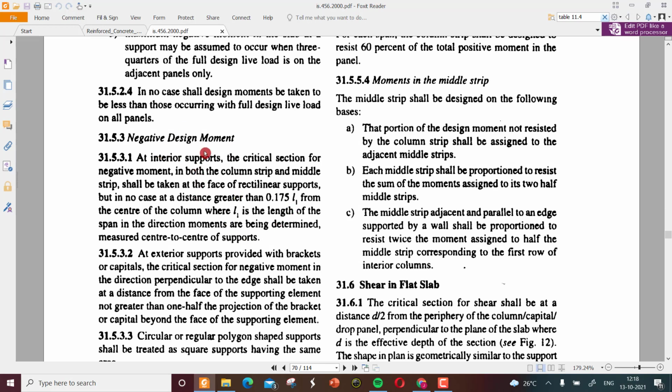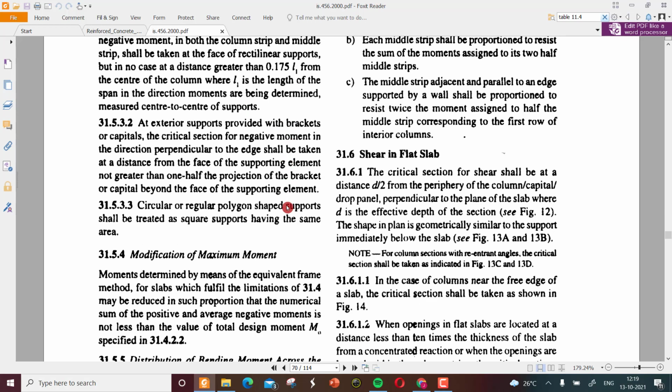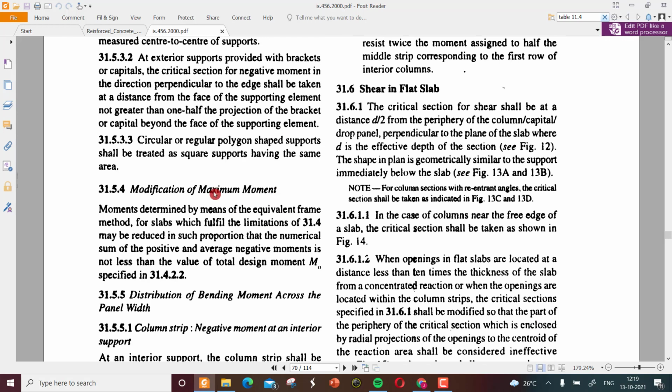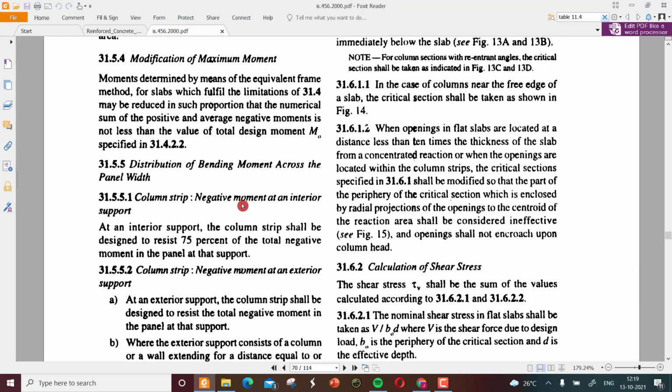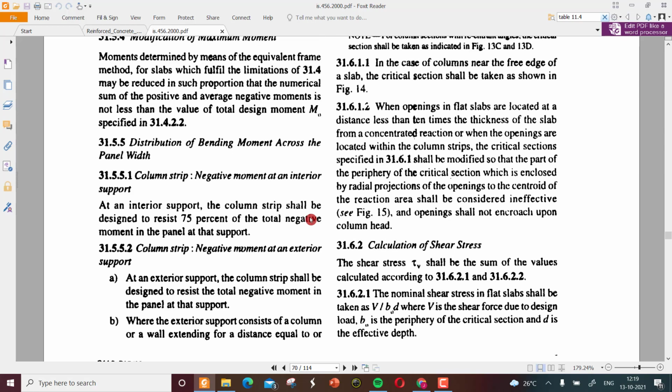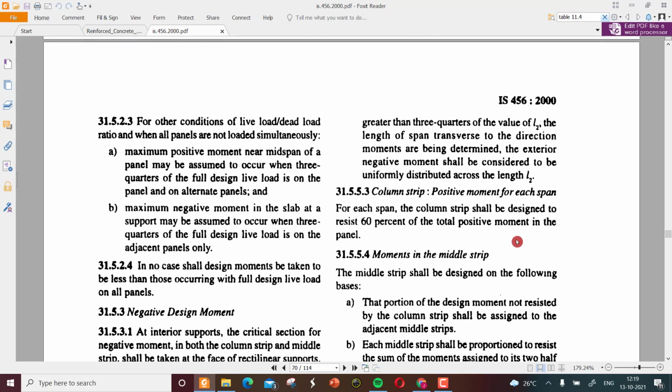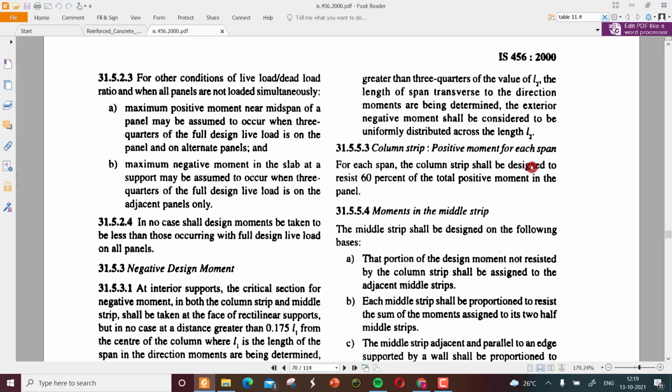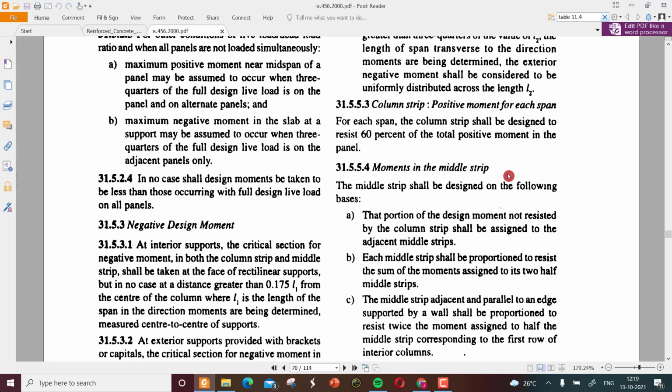So how to consider the negative design moment, what should be the length to consider, and how to modify the maximum moment, then distribution of the bending moments across the panel with column strip negative moment at an exterior support, then a column strip positive moment for each span, and moments that act on the middle strip.